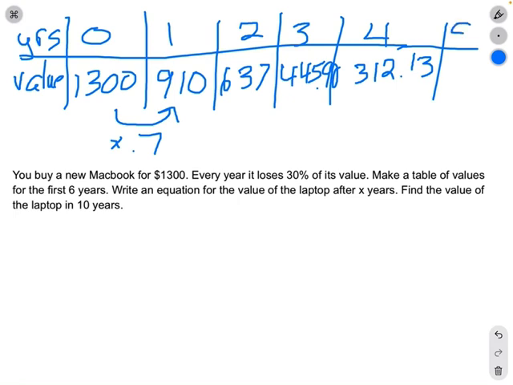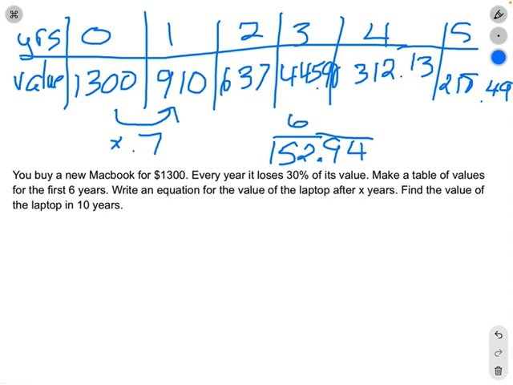In year 5, it would give me 218.49, and then in year 6, it would give me 152.94. All right, so at the end of 6 years, its value would be $152.94. And I'm just rounding that to the nearest penny because it's money.